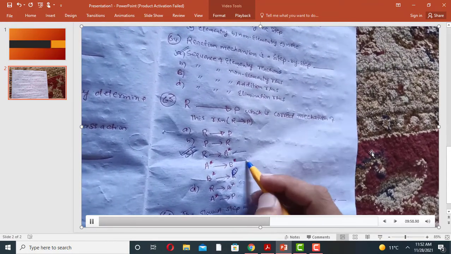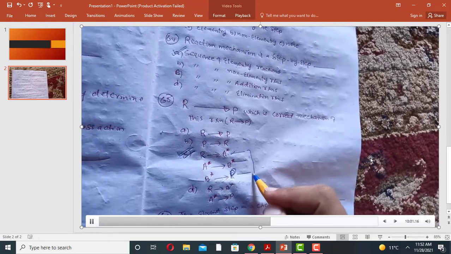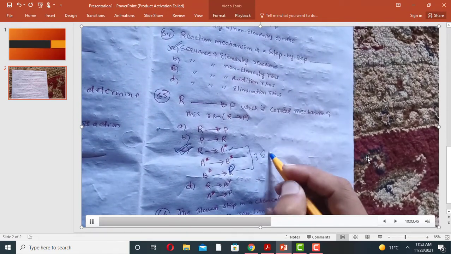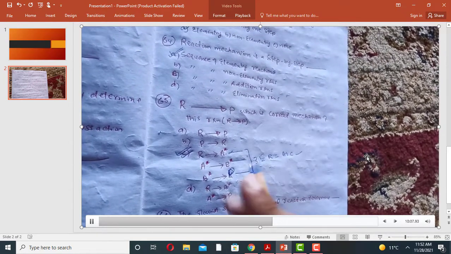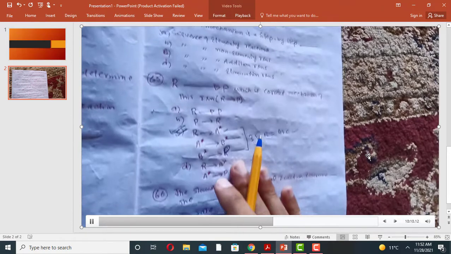This is an elementary reaction, this is elementary, and this is elementary. So these 3 elementary reactions give us the mechanism of this reaction.